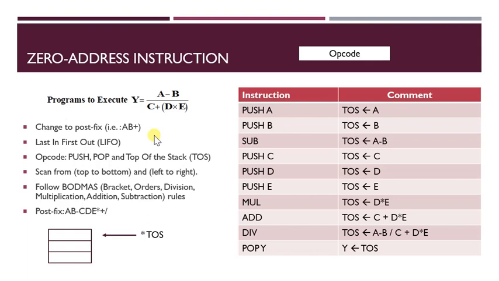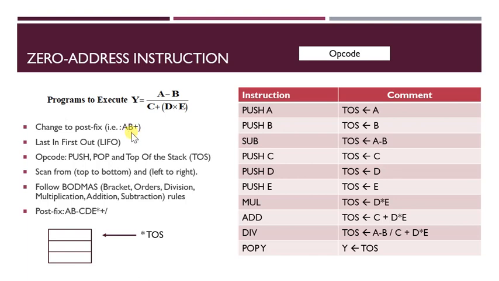How do you change to postfix notation? In postfix notation, you have the variables in front, and the operation comes after the variables, at the end.